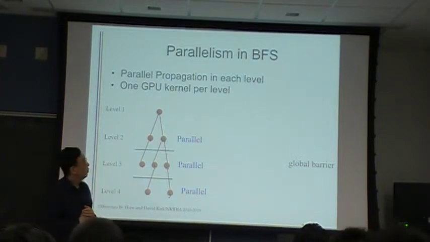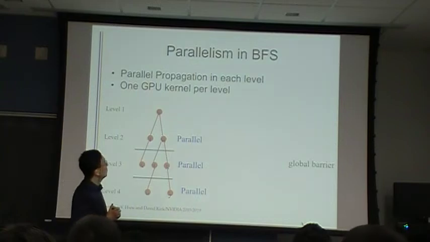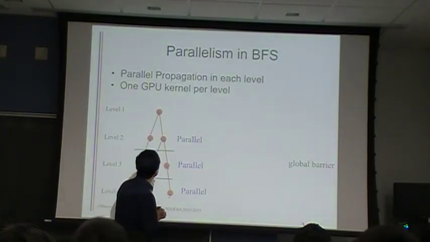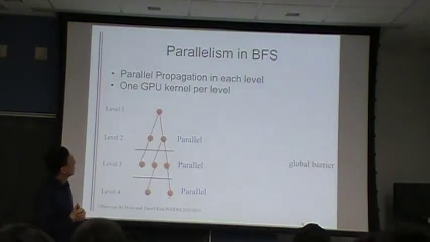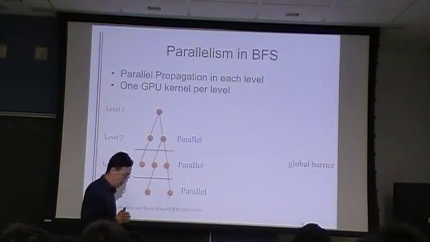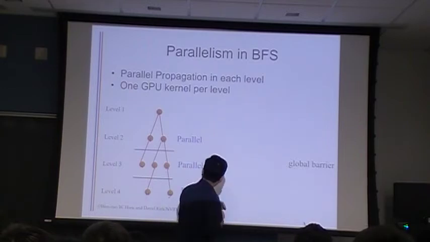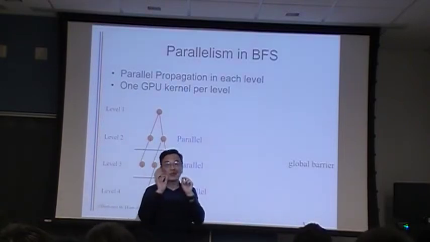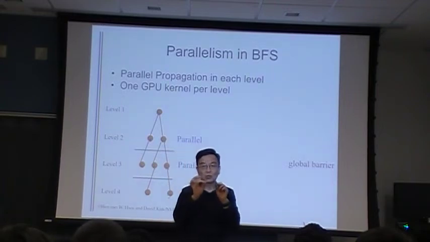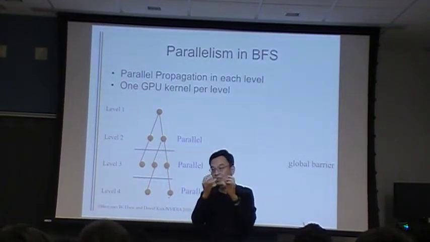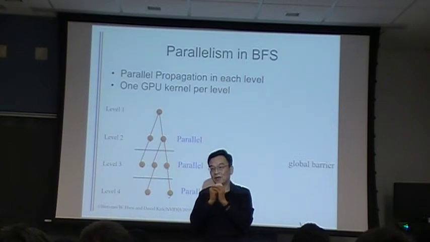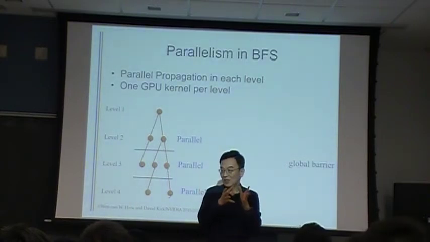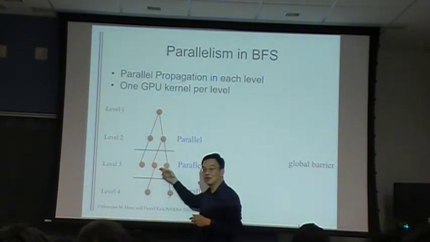So one of the popular ways to do parallel breadth first search is by doing parallel propagation in each level. That is, once you have a level of frontier nodes, you have threads, each thread processing one or a small number of these frontier nodes and generating the next frontier.